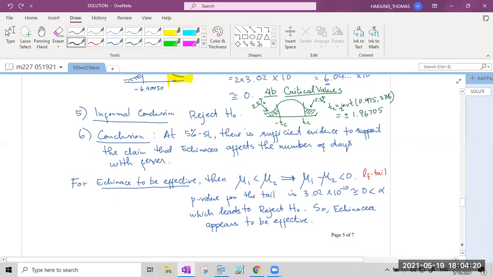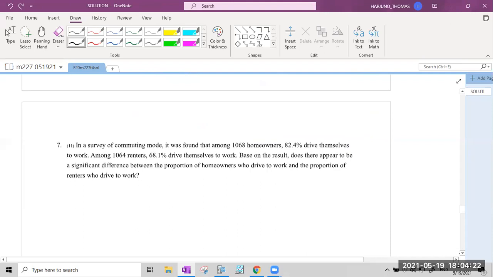Page 6. In a survey of commuting mode, it was found that among 1,068 homeowners, 82.4% drive themselves to work. So homeowners, the n is 1,068.